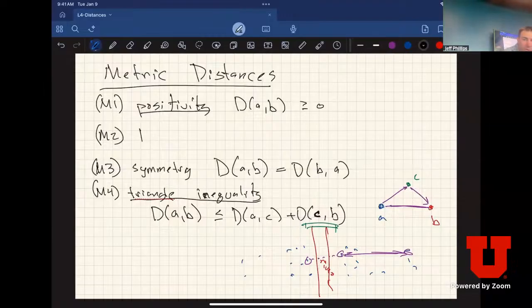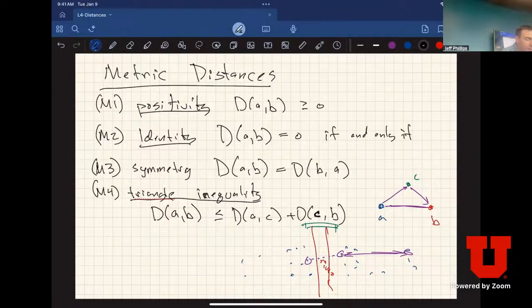Okay, this is going to be the identity. So I'm going to write this: the distance between A and B equals 0 if and only if A is equal to B. Okay, this part means that if I don't have the 'only if' part, then I say the distance between A and A is exactly 0.